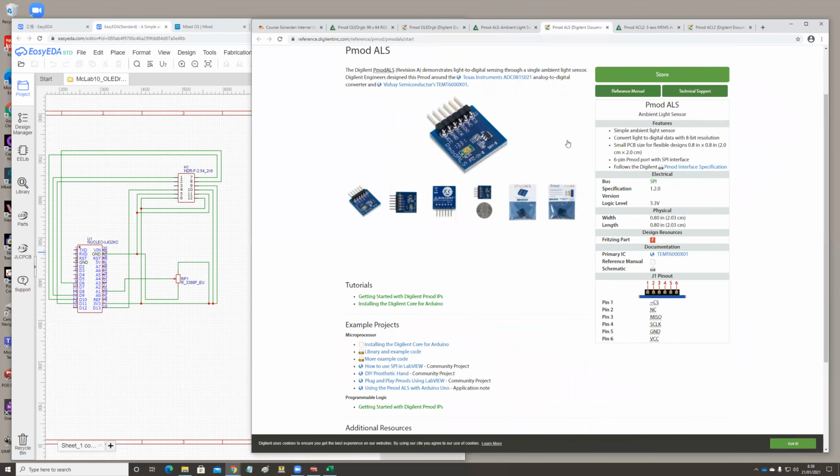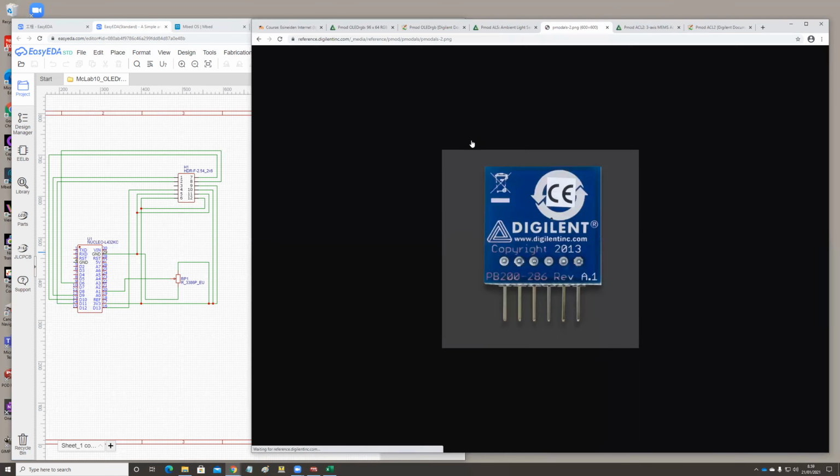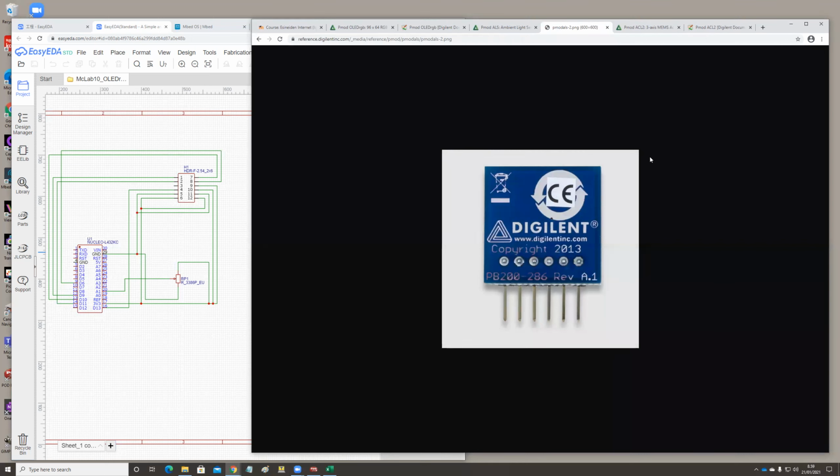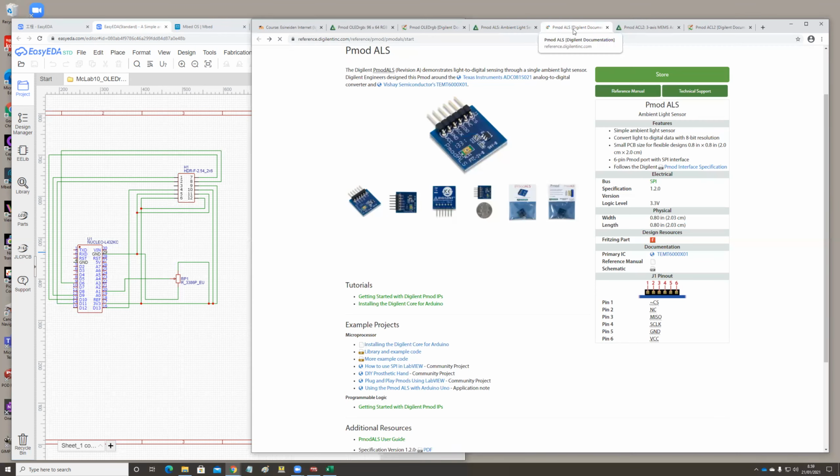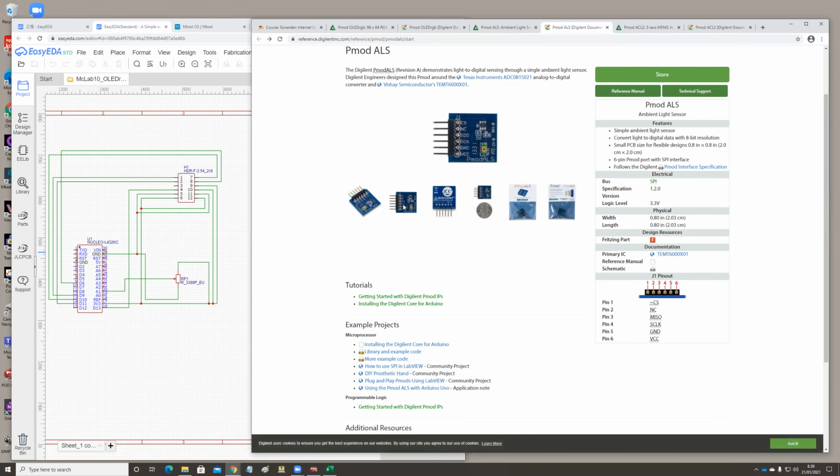And for that, they don't actually publish the schematic diagram of this module. So we can just have a look in detail at that picture.